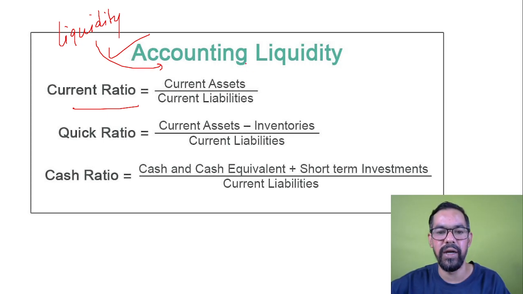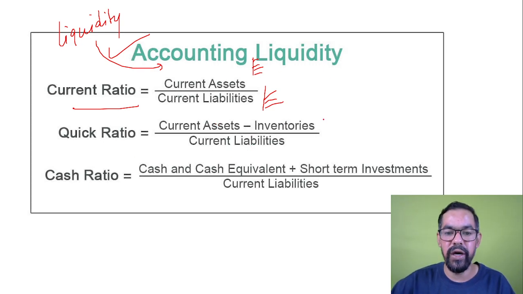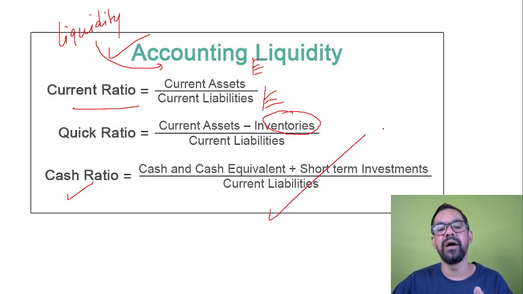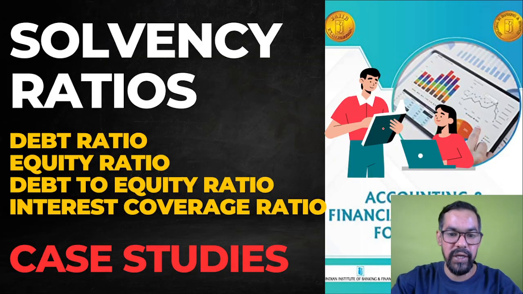You need to know what the current assets and current liabilities are, and you can easily solve it. Quick ratio: current assets minus inventories divided by current liabilities. Here we generally subtract inventory. And cash ratio: cash plus equivalents plus short-term investments divided by current liabilities. With the help of these, you can easily solve the given cases as well.